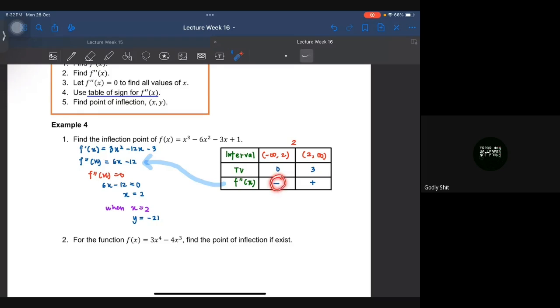So daripada negatif dia tukar jadi positif. Maksudnya there is an inflection point at 2. Okay, so buat conclusion dekat sini, so our point of inflection is 2, negative 21.